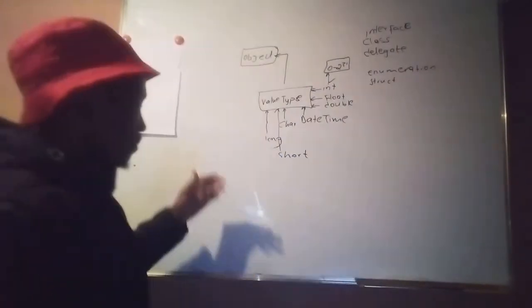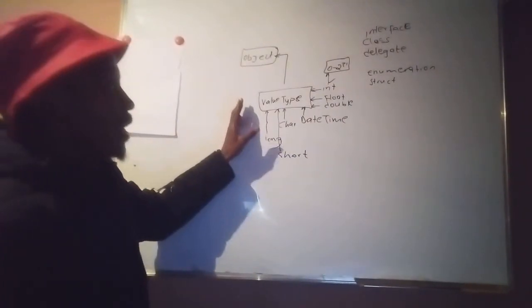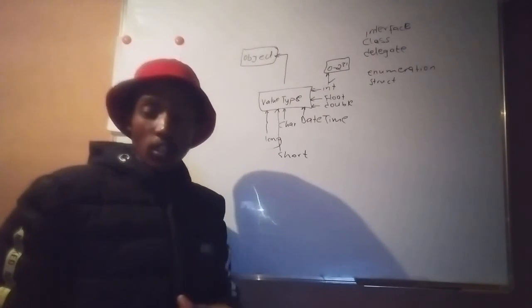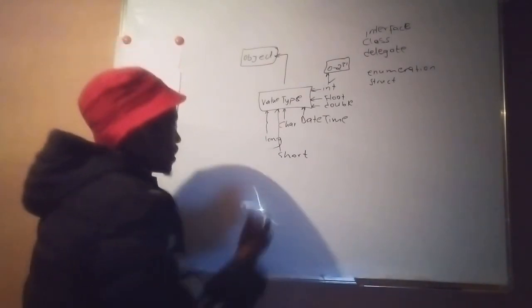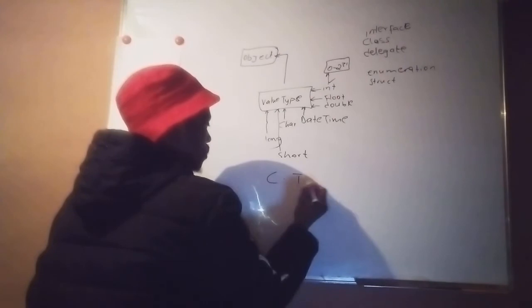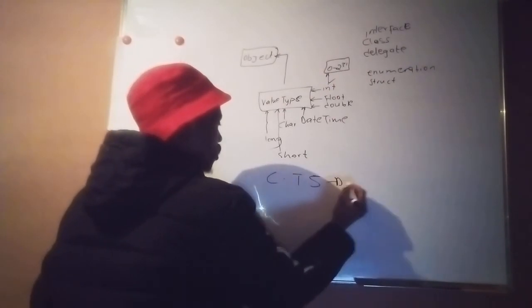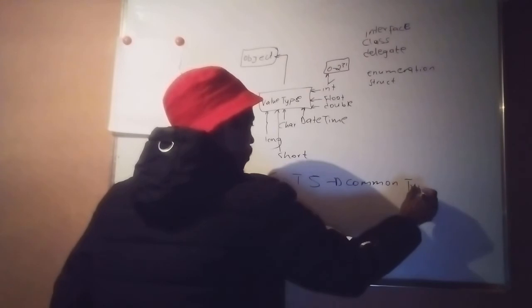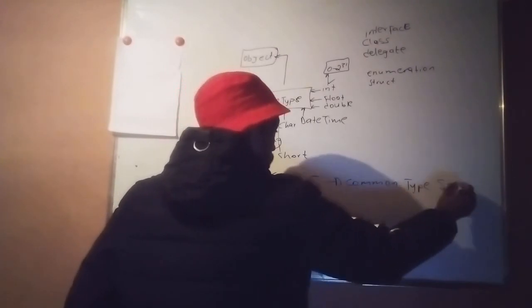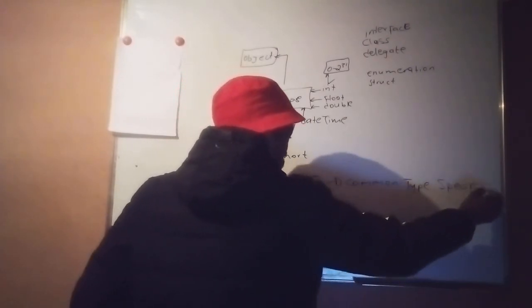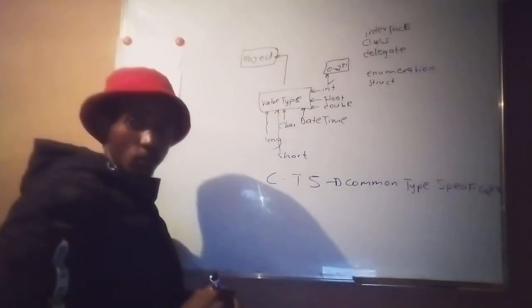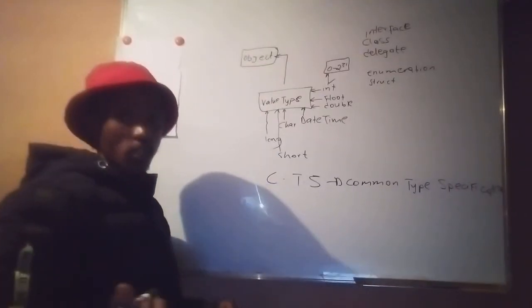So these types are defined within the CTS component of the .NET framework. We said CTS is an abbreviation that stands for Common Type Specification. Does that make sense?